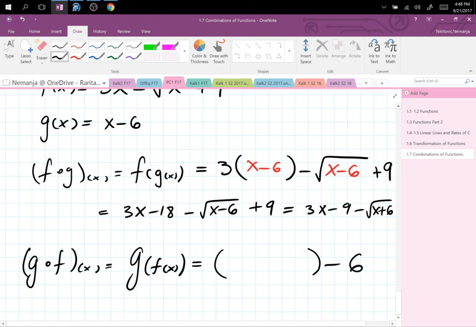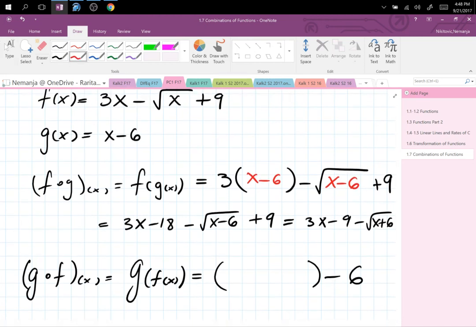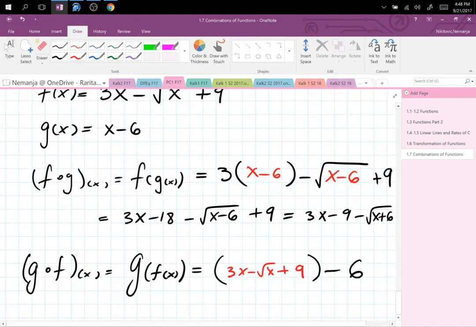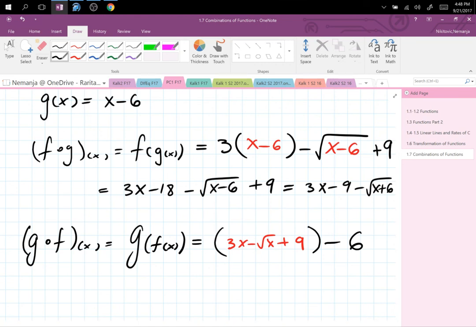So that something, which is x, gets replaced by f. So I will plug f in here, which is 3x minus root x plus 9. Then you follow notation. You have 3x minus root x plus 3. Right, 9 minus 6 is 3.